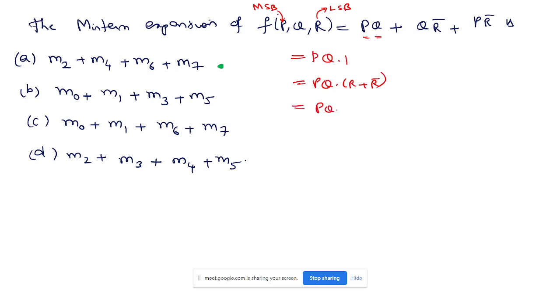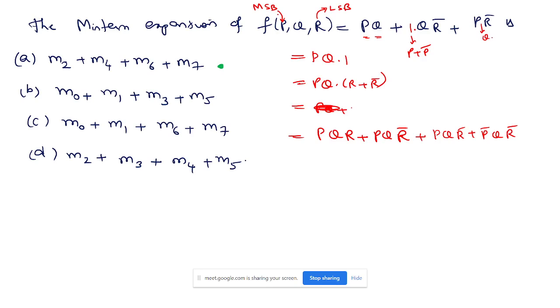That's how I can include R: PQR plus PQR bar. Here P is missing, so I should write it in the MSB place: 1 into QR bar, I write 1 as P plus P bar and multiply. What will happen? PQR bar plus P bar QR bar.